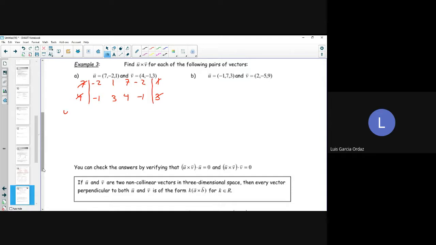Now to get u cross product v, I need to multiply, and I'm going to get another vector. I'm going to multiply -2 times 3, which is negative 6, minus negative 1 times 1, which is negative 1, comma, 4 times 1, which gives me 4, minus 3 times 7, which gives me 21, comma, 7 times negative 1, which is negative 7, minus 4 times negative 2, which is negative 8.